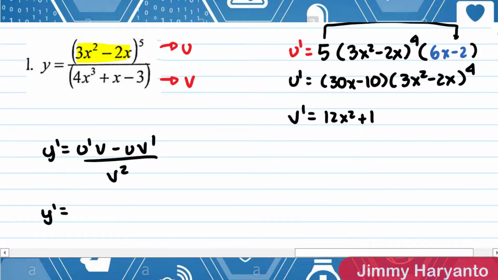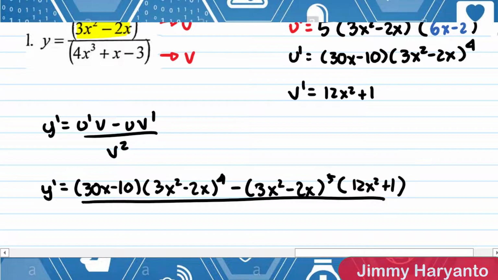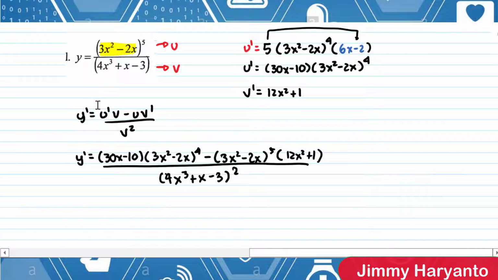What is the u accent? 30x minus 10 times 3x squared minus 2x to the power of 4, minus the u, 3x squared minus 2x to the power of 5, times the v accent 12x squared plus 1, over v squared, 4x cubed plus x minus 3 squared. So this is the answer.